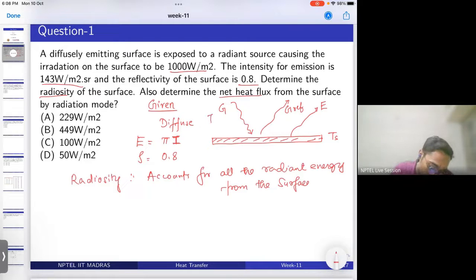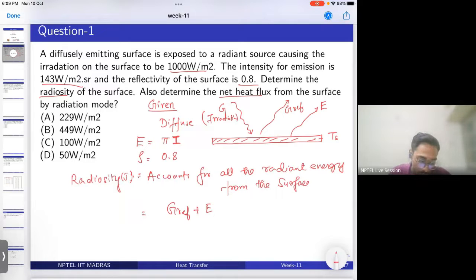So G is the radiation, and these are the given surface quantities. We are asked to find the radiosity, which I'm denoting as J, which is equal to G reflected plus E. Radiosity accounts for all the radiant energy leaving the surface.